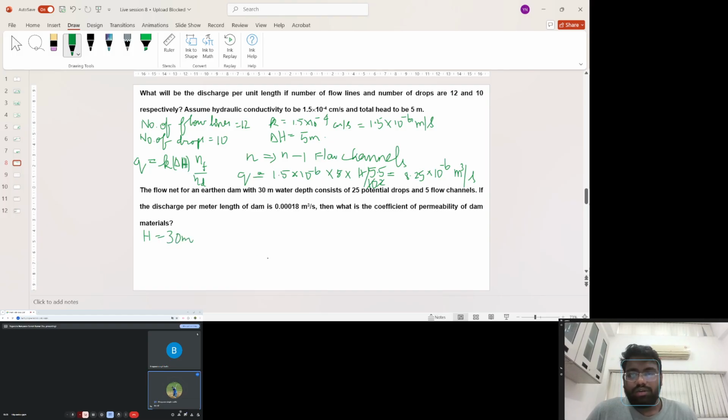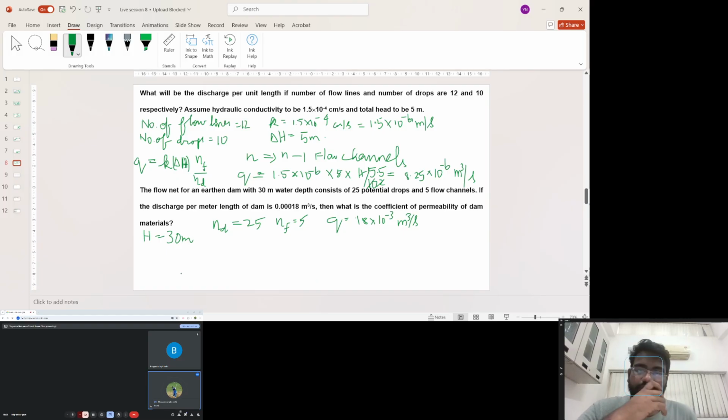ND, the potential drop, is 25, flow channel NF is 5, Q is 0.00018, or we can write it as 18 into 10 power minus 3 meter cube per second.